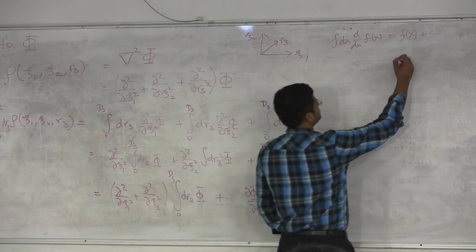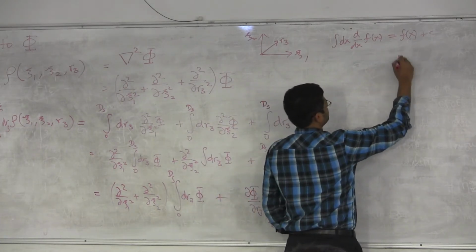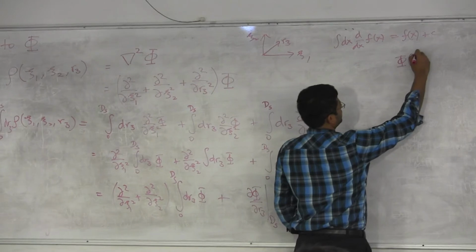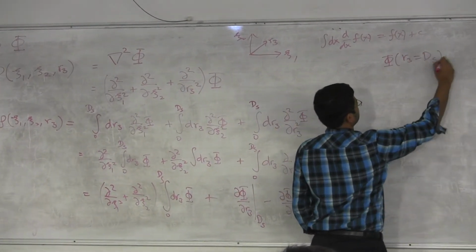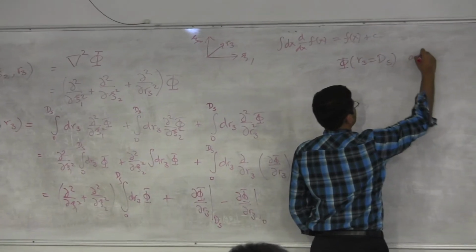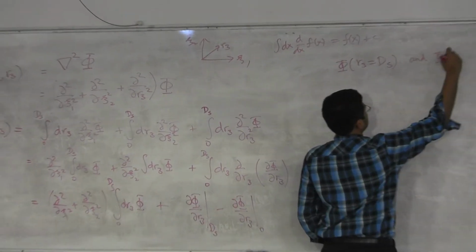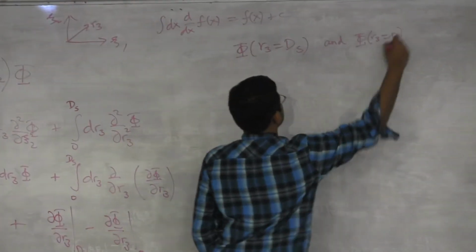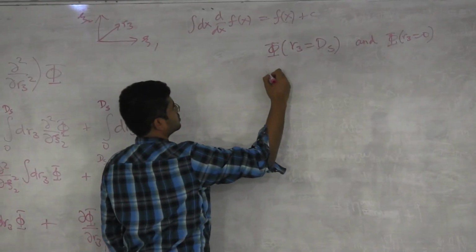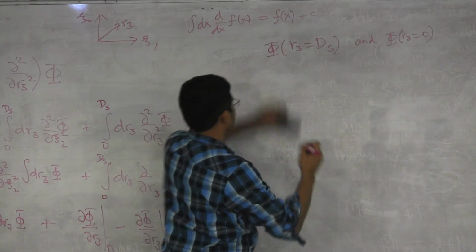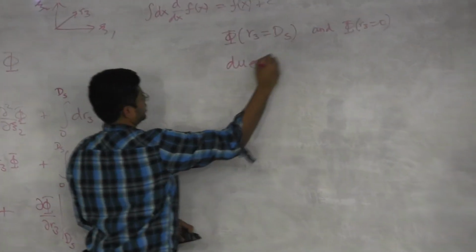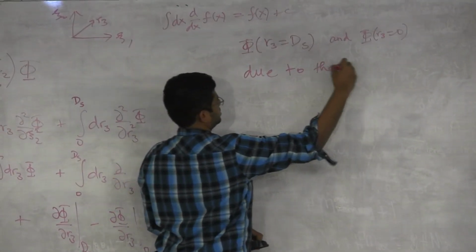So phi at r3 equal to ds, this is due to the lens.